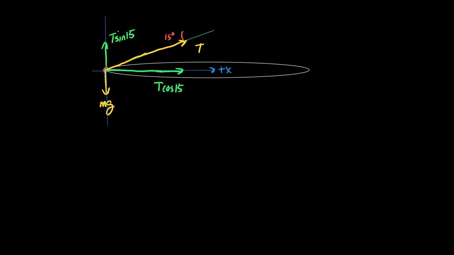Quick look at this suggests that T sine 15 minus mg equals 0, and T cosine 15 equals m a_c. I skipped a step or two, but I think I'm okay doing that at this point. Let's go ahead and solve this for T sine 15 and get T sine 15 equals mg.